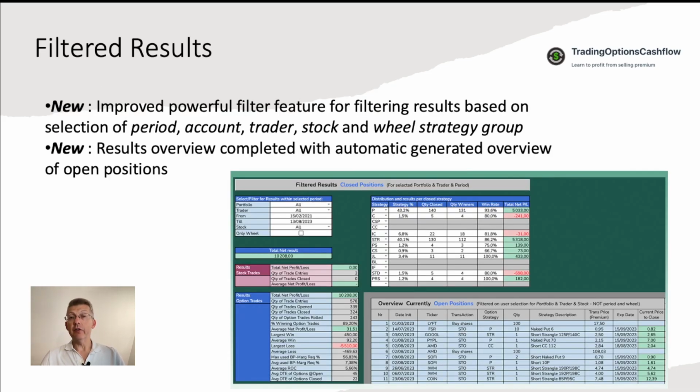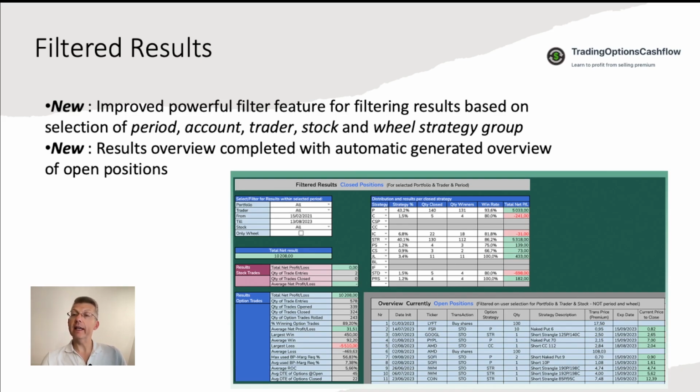The filtered results tab sheet has already been largely visible in the option trading journal that I created for 2023, but this time I've improved it as a more powerful filter feature, for filtering the results based not only on the period, the account and the trader, but I've added two extra filter possibilities: the stock and, secondly, the Wheel Strategy group, which I will also explain in a later video.